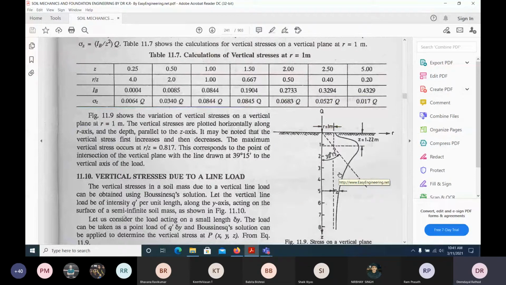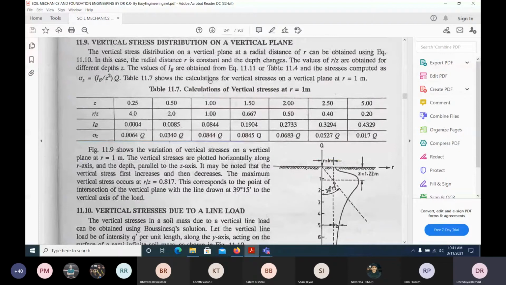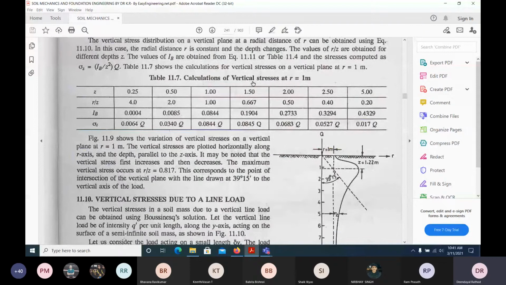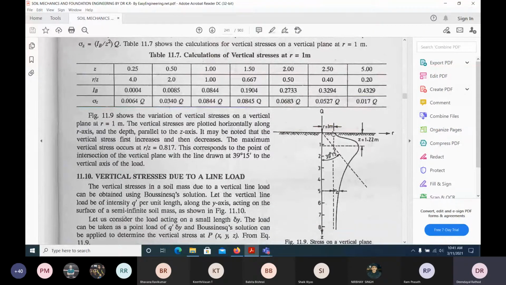But suppose I am applying a vertical load Q and ask you to find the distribution along the vertical plane. How do you know where it would be maximum? When you use the same formula, for 1 meter, it is found to be maximum somewhere here, at z equal to 1.22, not at the point load.